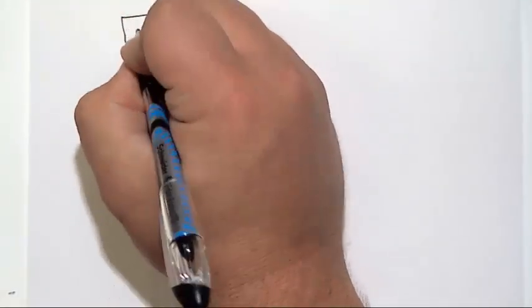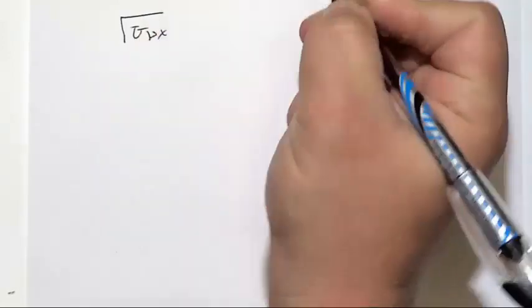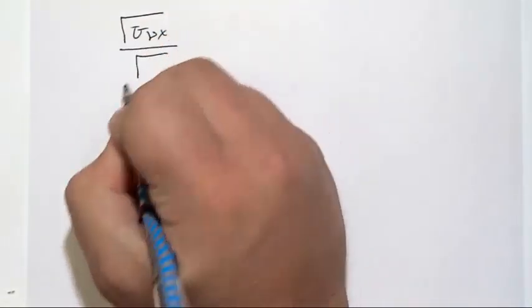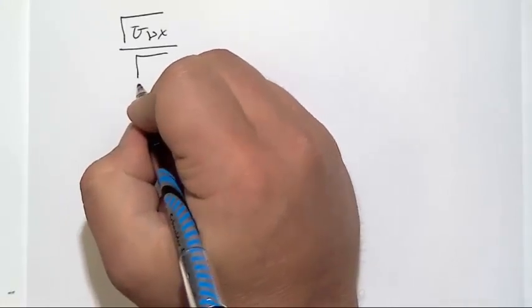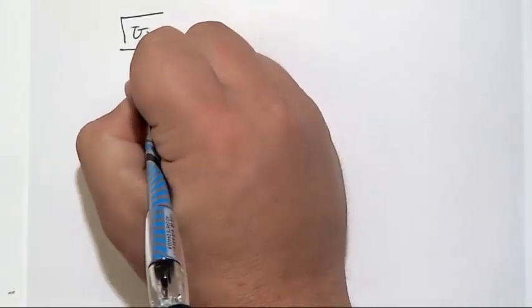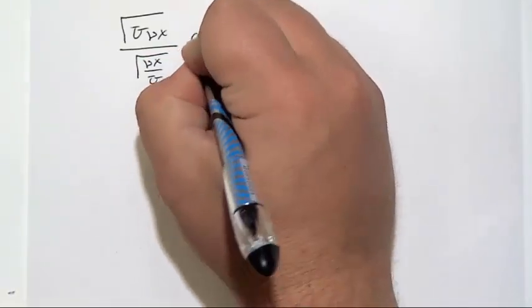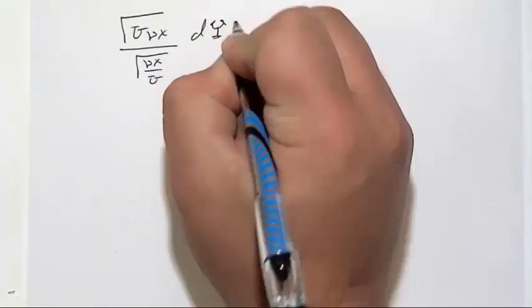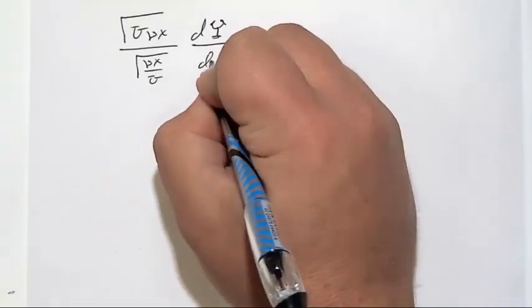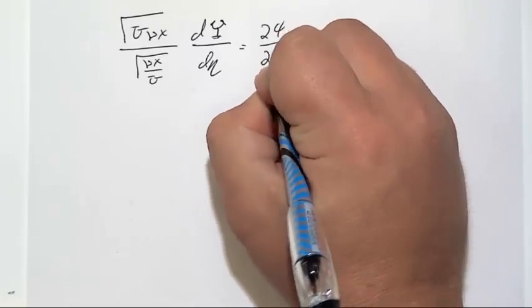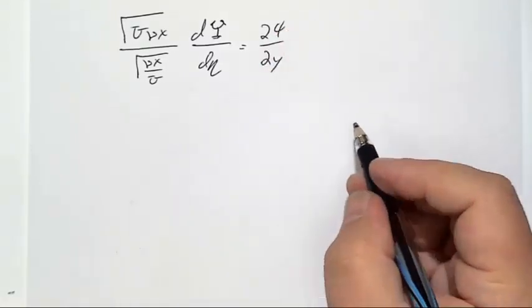So when I go ahead and do that, I still get the square root of velocity times kinematic viscosity, now over that substitution in for dy, which is going to be our kinematic viscosity times x over u. And this is the partial of our modified stream function, d nu, is equal to the partial derivative of our stream function with respect to y.